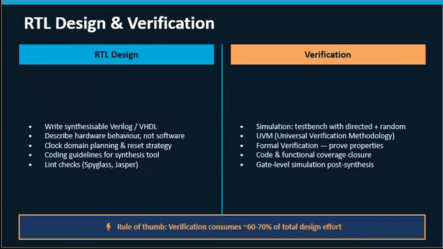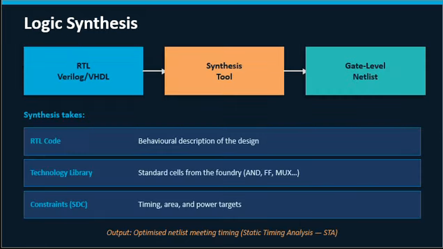RTL design and verification. We write the Verilog code for the RTL design. Then we have the verification, as I told earlier, you can do it using UVM, that is Universal Verification Methodology, or we can use SystemVerilog for verifying our code.